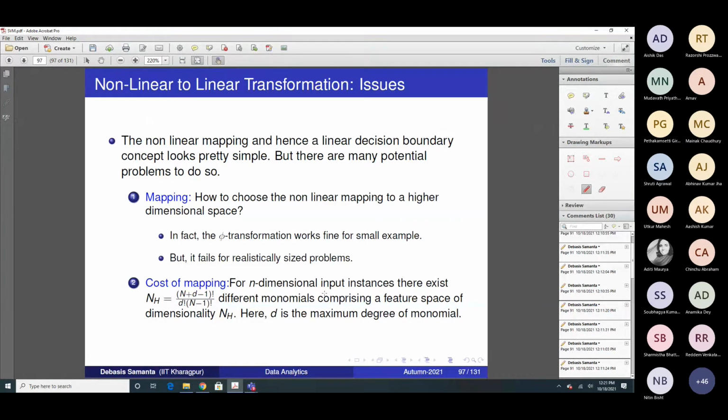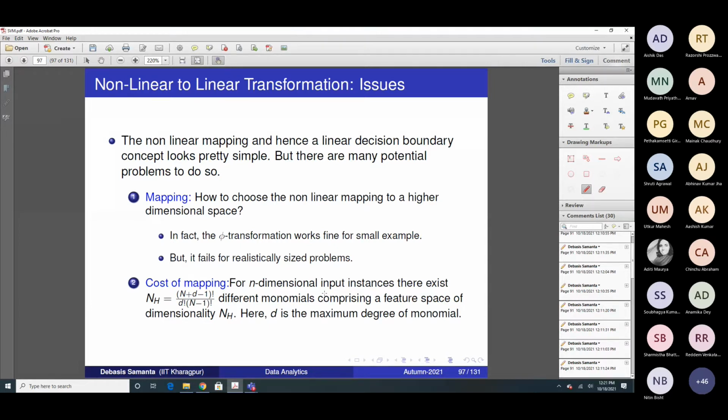Another thing is, what is the cost of mapping? As I said, if the number of terms is much higher or complex, then the total number of phi functions required, given as nh, is actually a combinatorial problem, because a huge number of phi transformations is required.